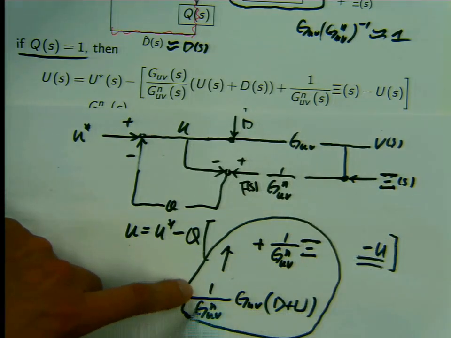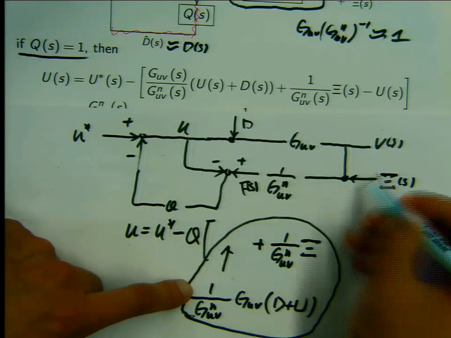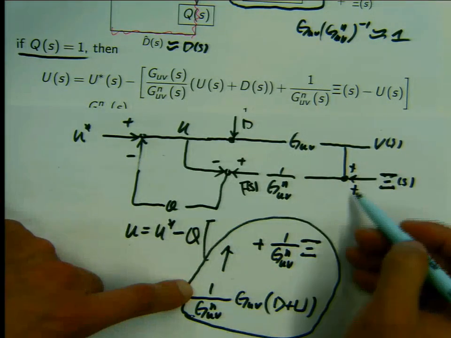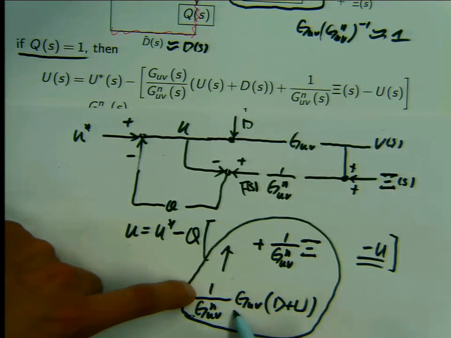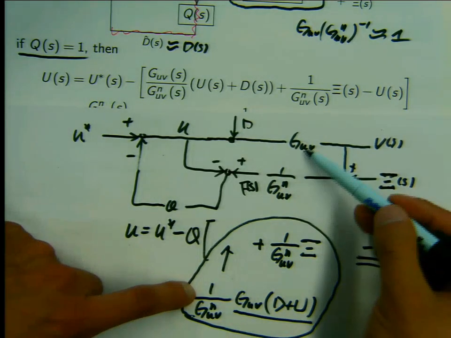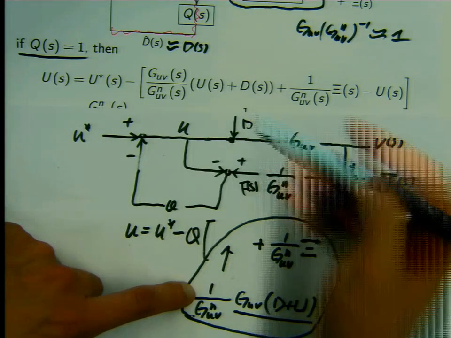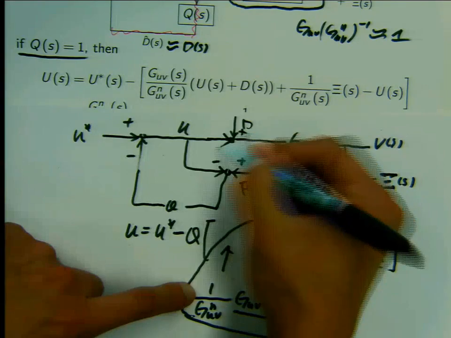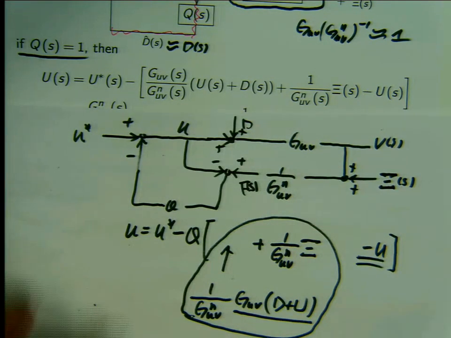So I have the inverse of the nominal model. And this signal is psi plus, this should be plus, psi plus Vs. But Vs is nothing but GUV filtering through D plus U. Okay, so that's the final expression of F of S.